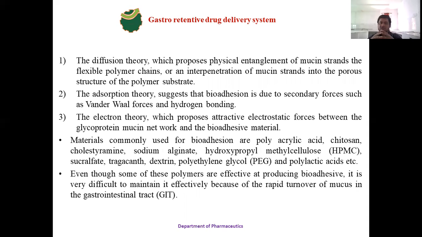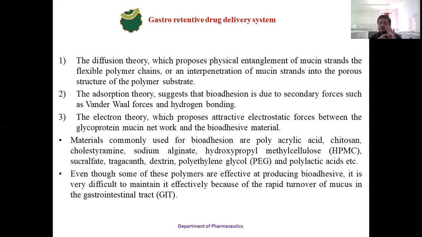Electron theory is based on the attractive electrostatic force between the glycoprotein, meaning the mucin present in the mucosal layer, and the bioadhesive material. Because of that attractive electrostatic force they attract each other and bind.